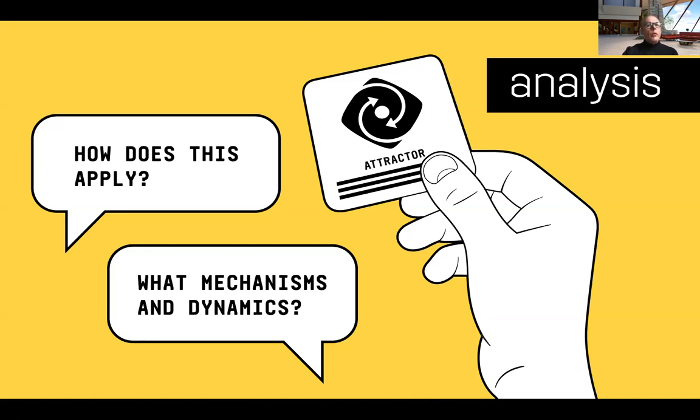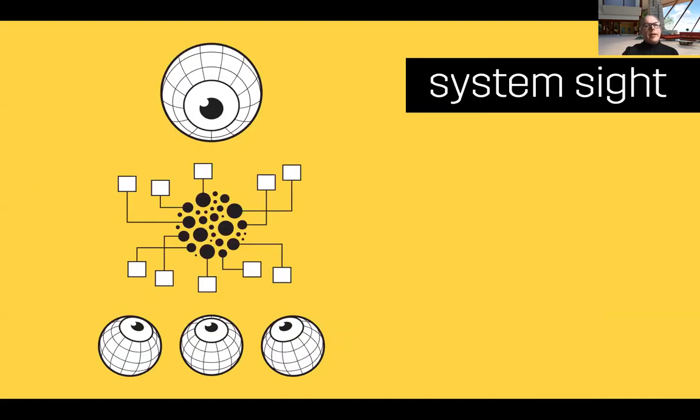And suddenly you're starting to see the world in terms of these ingredients, these dynamics and these elements. I call this notion system sight. Once you start to absorb some of these concepts, wherever you go around the world, you're always seeing how systems fit together. It's an orienting and teaching device. The more you work with these concepts, these ingredients, the more of a system you can spot in your own world.